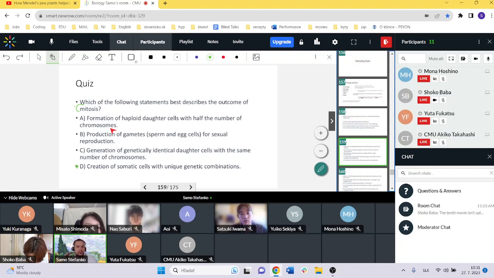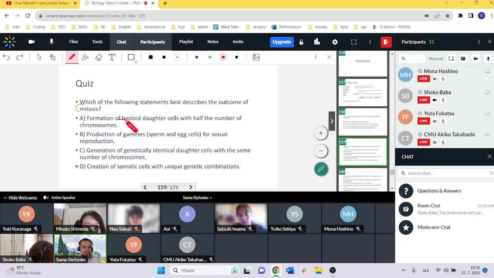So one person chose A. Hopefully, guys, now it's clear why A can't be correct. Because if we are discussing mitosis, definitely there is no haploid daughter cell as an outcome. There is a classic diploid daughter cell as an outcome with the normal number of chromosomes, which is 46.